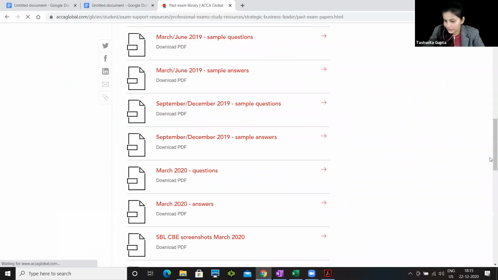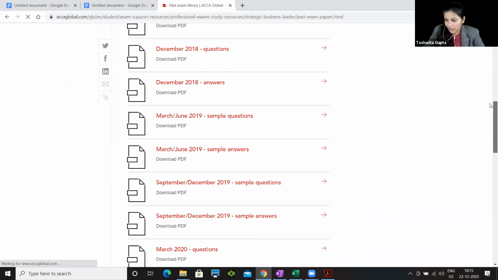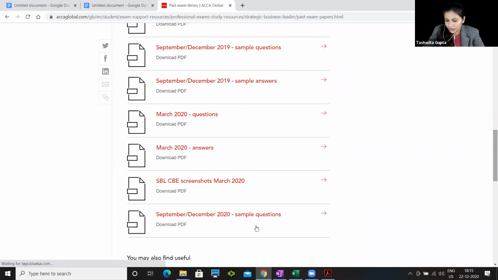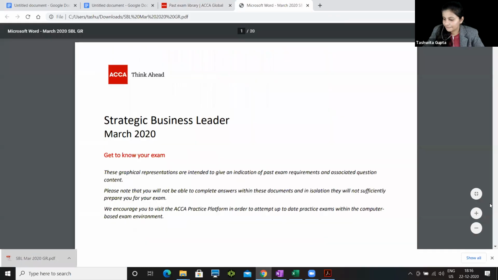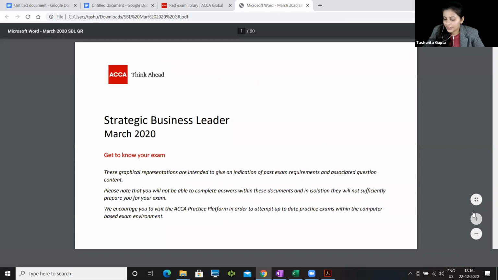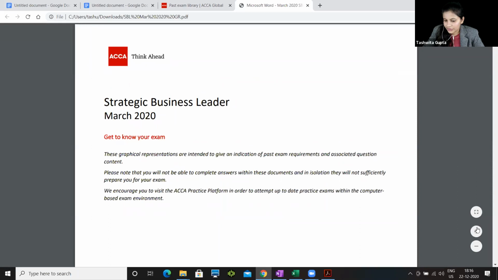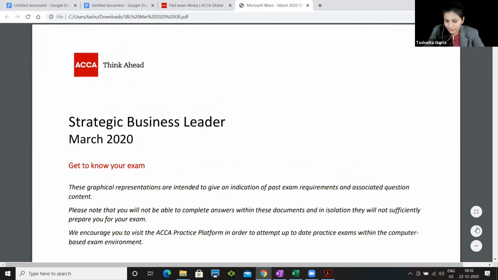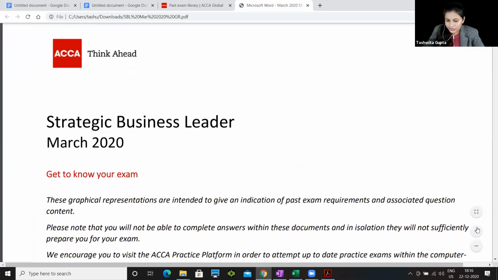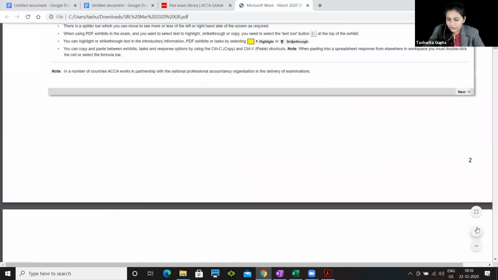So this is our ACCA website. This is the way the questions are asked in SBL. This is basically a CBE paper, okay? This is how the screenshots of the computer based exams look like.